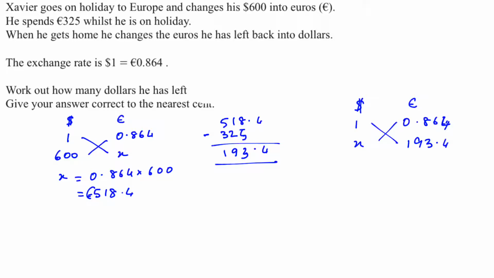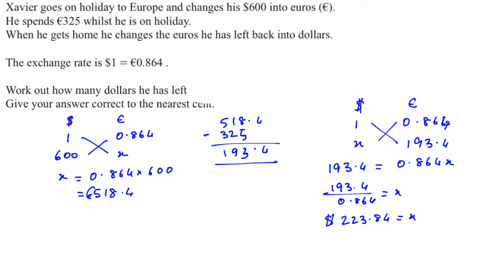Again, we cross multiply. 1 multiplied by 193.4 is 193.4, equals 0.864x. Divide 193.4 by 0.864, and that will be $223.84. This is how many dollars are remaining with him.